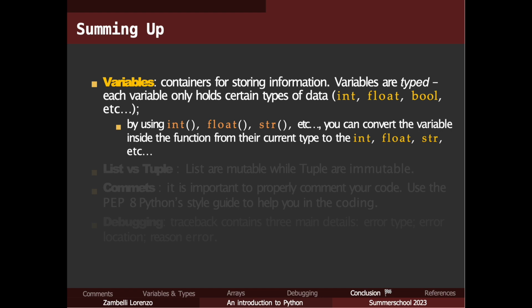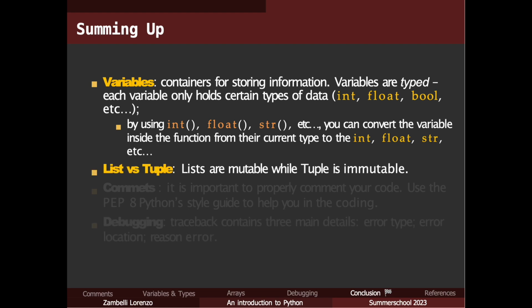Okay, summing up what we have said in this lecture, we learned how to define variables by means of the equal sign. Python has multiple types of variables, integer, float, bool, and so on, and arrays, in particular, are the most important one. And you can change the type of a variable by using the names of the variables.